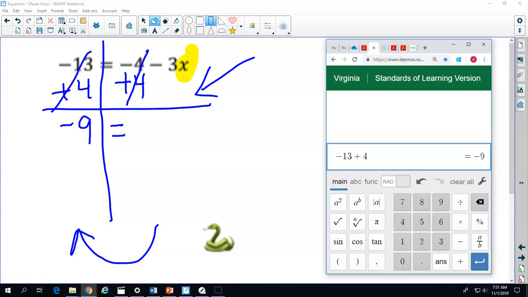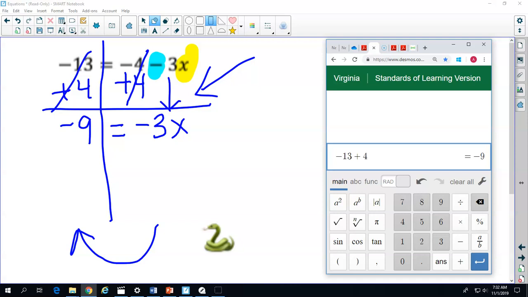And then negative 9. Now you're going to be tempted to just bring down this 3x. But you're subtracting 3x here. See how it's subtracting? Subtracting is just like having a negative 3x. So this is not just 3x. This is going to be negative 3x because you're subtracting.